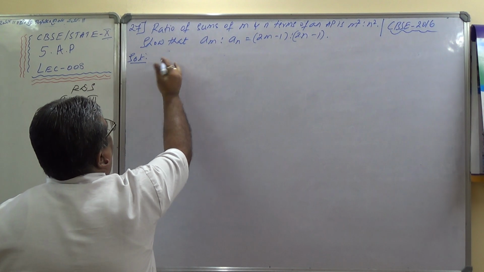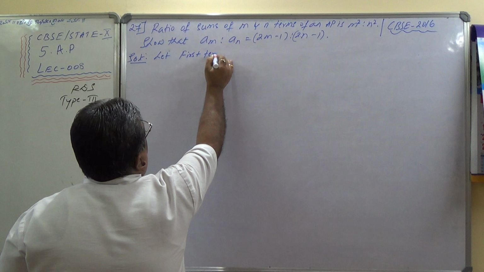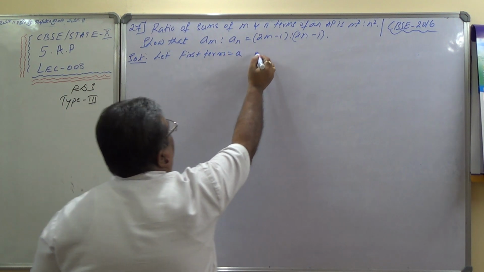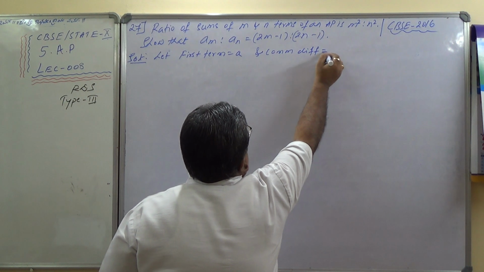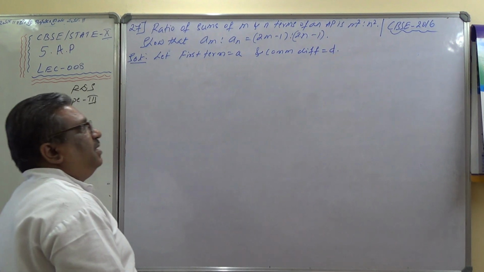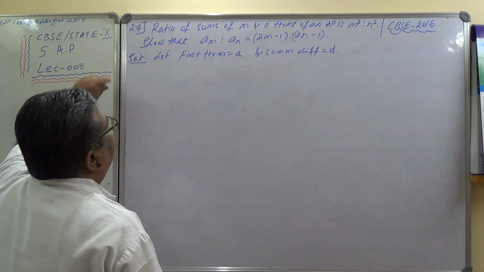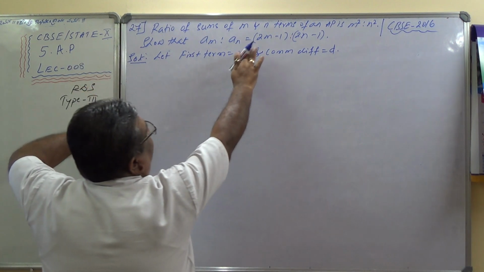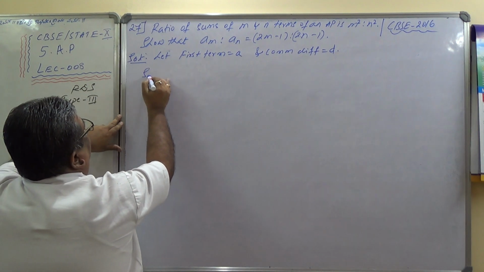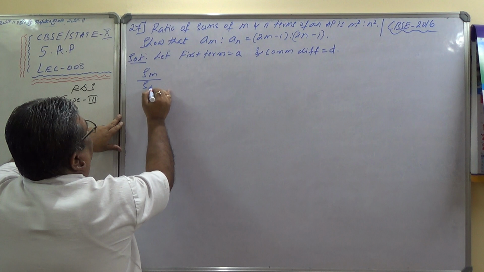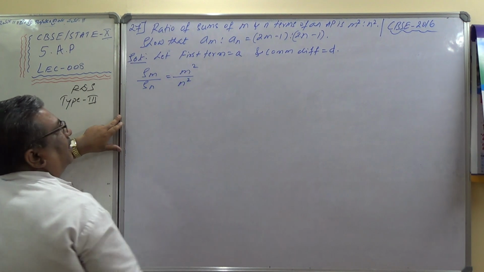Let first term equals A and common difference equals D. Ratio of sums of m and n terms is m square is to n square. Sm by Sn equals m square by n square.